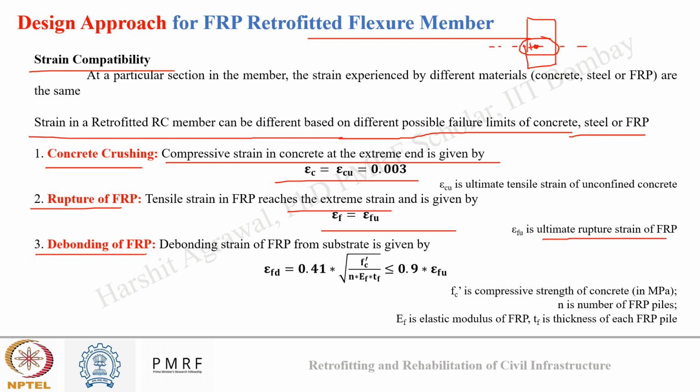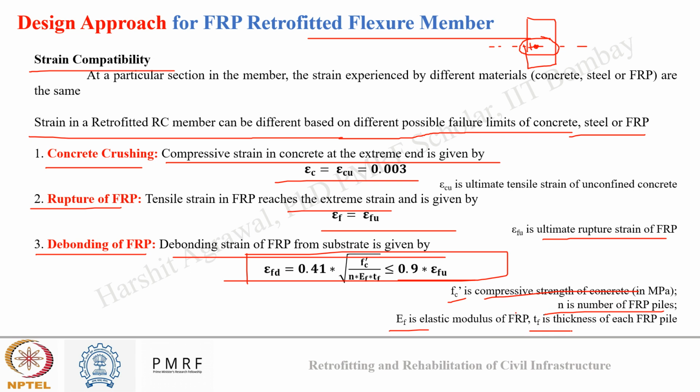And there can be debonding of FRP, where the debonding strain of FRP is given by this equation. Epsilon FD is equal to 0.41 times square root of fc' upon n Ef tf, which should be less than 0.9 times epsilon FU. And the terms are clear: fc' is the compressive strength of concrete, n is the number of FRP plies, Ef is the elastic modulus, and tf is the thickness of an FRP ply.